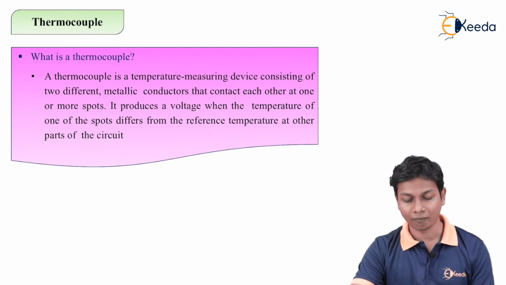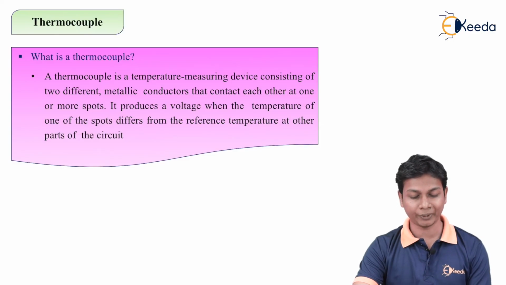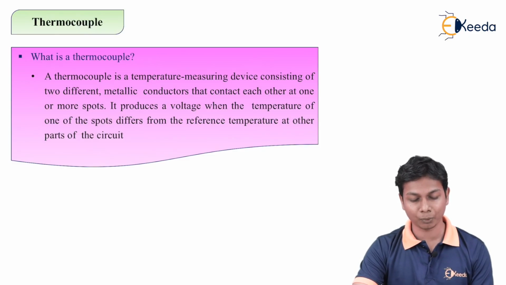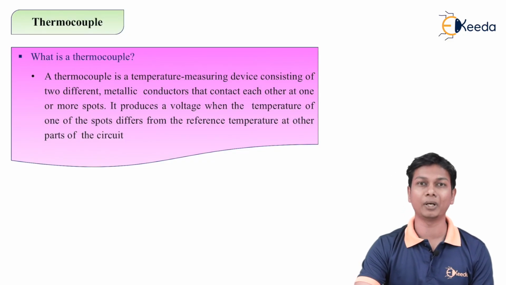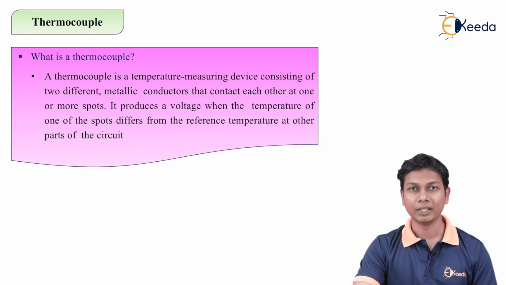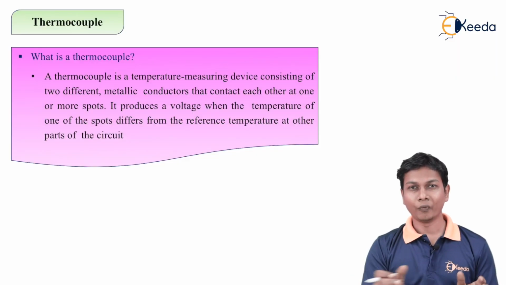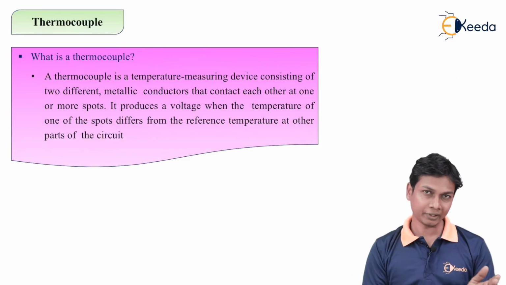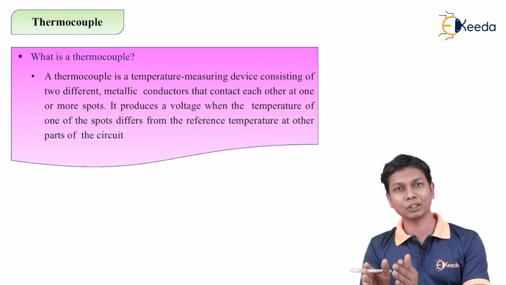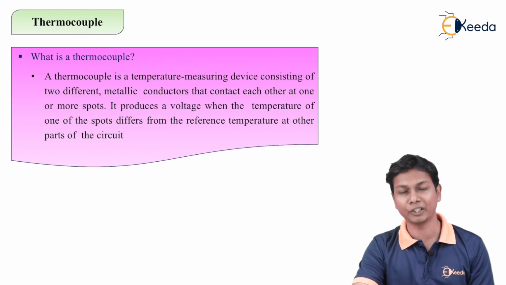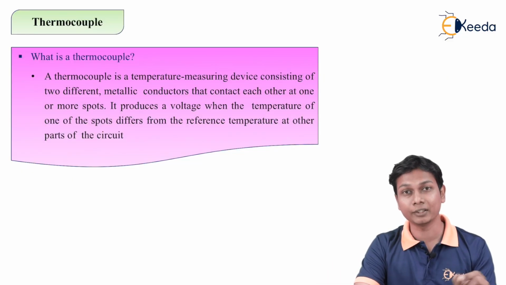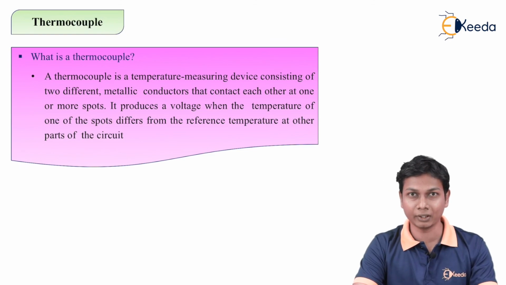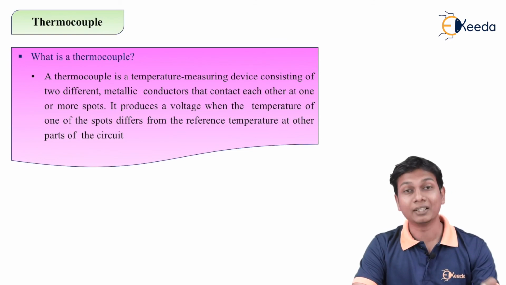It produces voltage when the temperature of one of the spots differs from the reference temperature of another part of the circuit. Means what? One part of the circuit has a different temperature from another part of the circuit. The rate of change of the voltage with respect to the temperature is detected by this thermocouple.